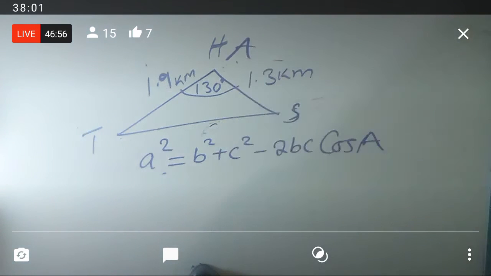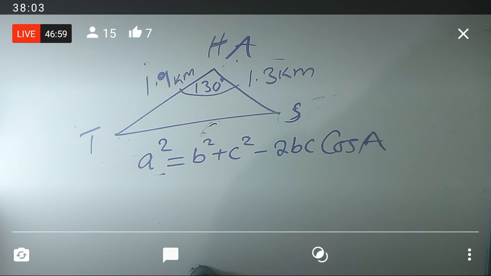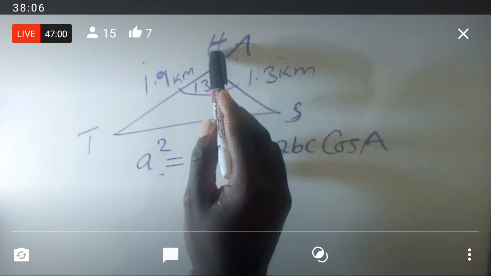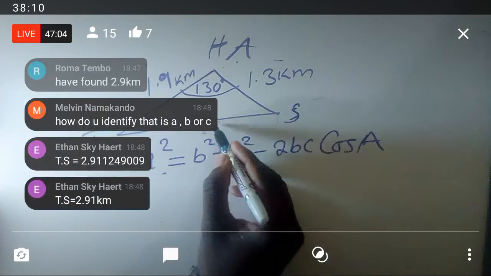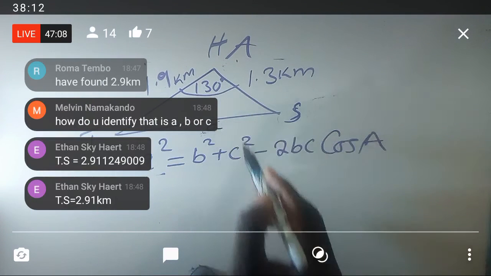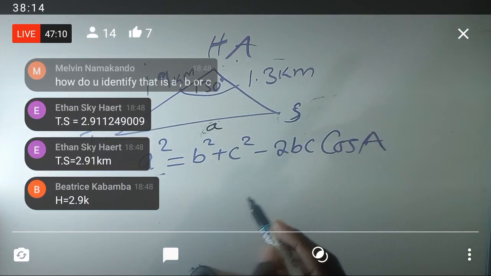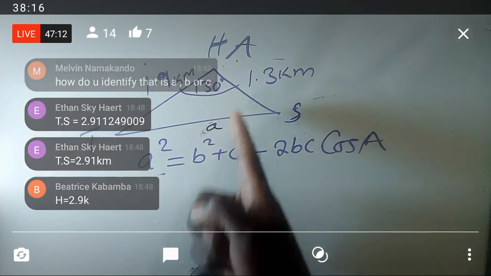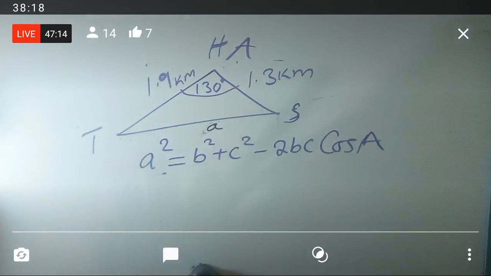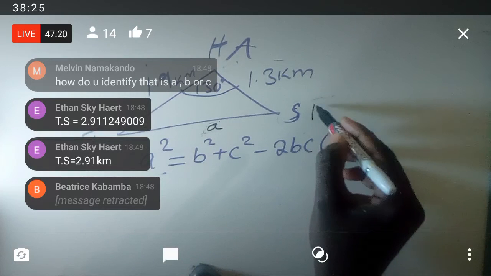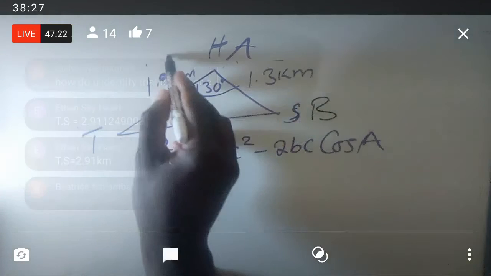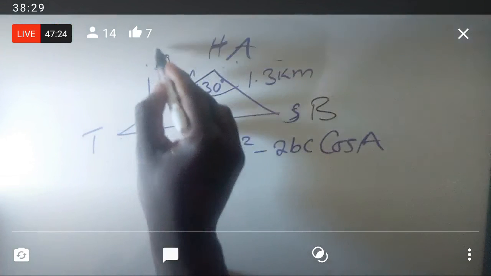This angle where they've put H will be my capital A, and the side down here is the small a. Once you put that, that's your key, you are done. The other sides and angles can be either B or C. So this is my capital B, this is my small b, this is my capital C, this is my small c.